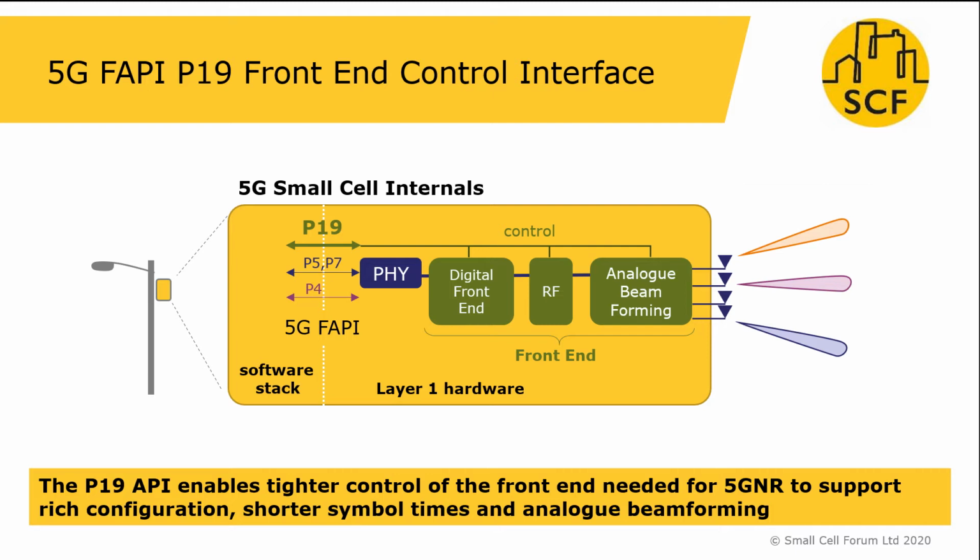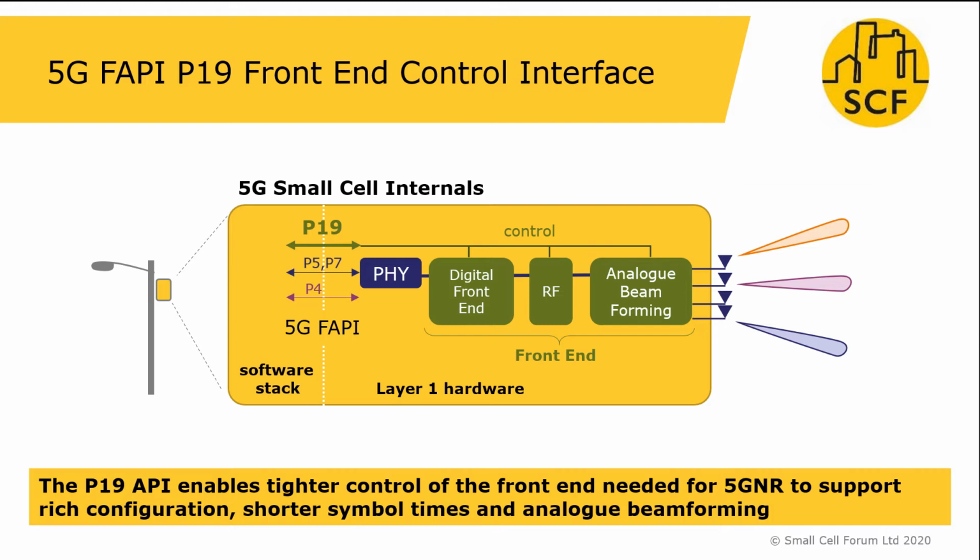To achieve this, P19 defines a large set of APIs that allow the upper stack to configure the RF, the DFE, and the analog beamforming blocks in a wide range of arrangements, as well as to monitor and adjust their systems parameters at timescales compatible with 5GNR's requirements.